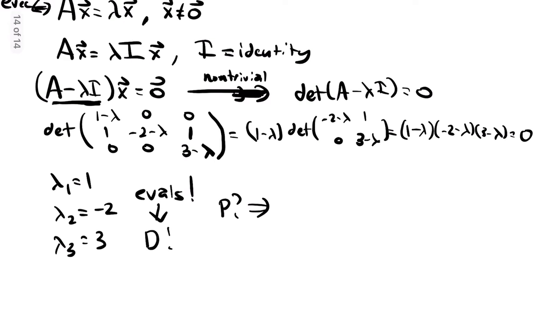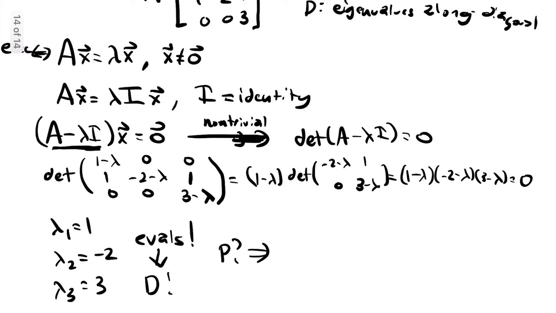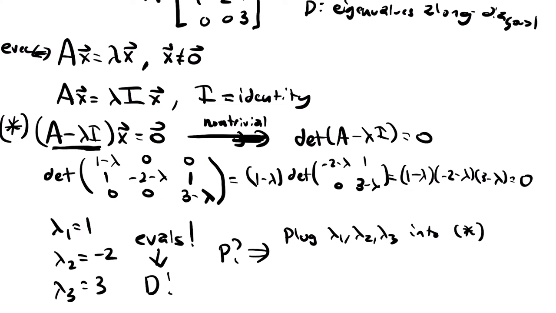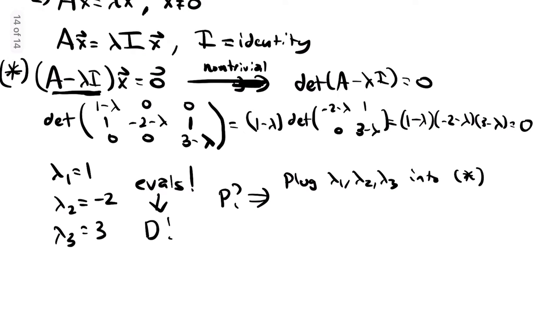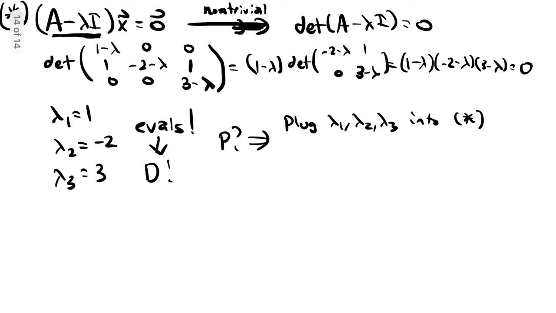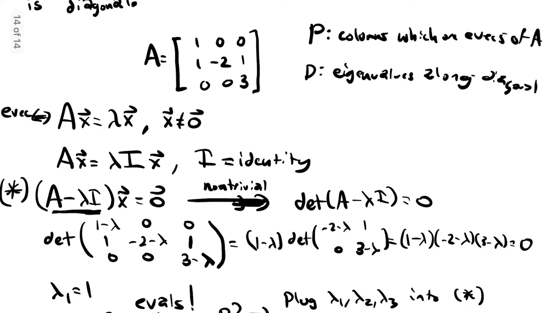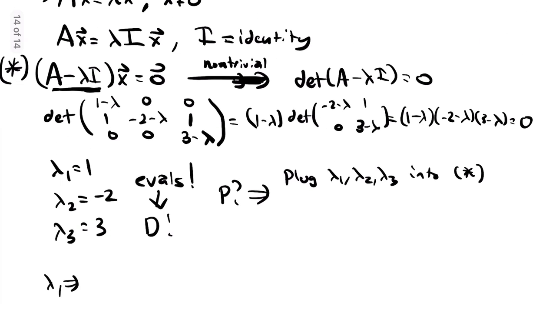What we do is, if we call this equation star, we plug each of the eigenvalues back into star. So for lambda 1, go back up here. We're looking at this equation.